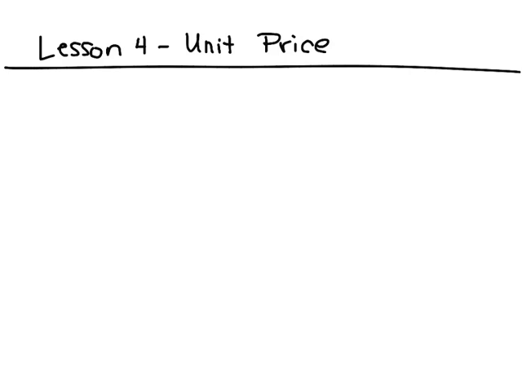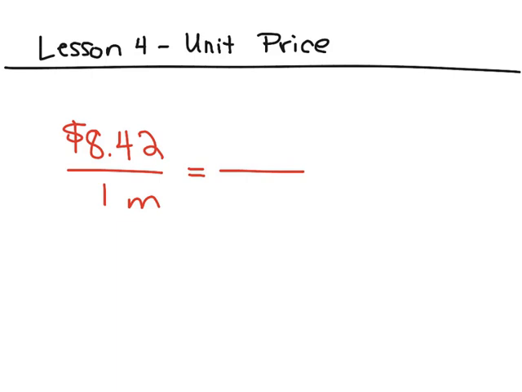It costs $8.42 to purchase 1 meter of fabric. How much will it cost to buy 0.5 meters of fabric and 1.75 meters of fabric? We already have the unit price. We have $8.42 for 1 meter. We want to buy 0.5 meters. Because our meters are on the bottom, we're going to put 0.5 meters on the bottom as well.